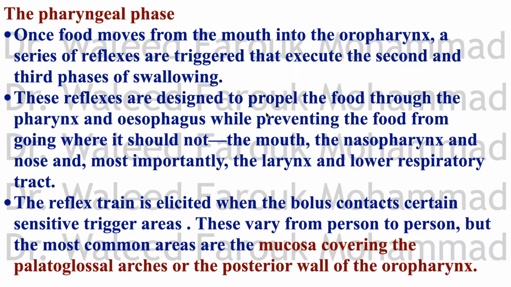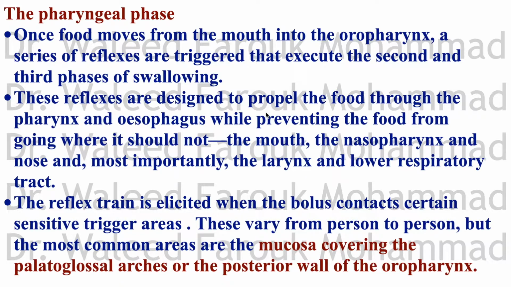Now the pharyngeal phase starts. Food moves from the mouth into the oropharynx, and a series of reflexes are triggered by the receptors in the mucosa of the oropharynx. These reflexes execute the second and the third phases of swallowing, the pharyngeal and the esophageal phases.